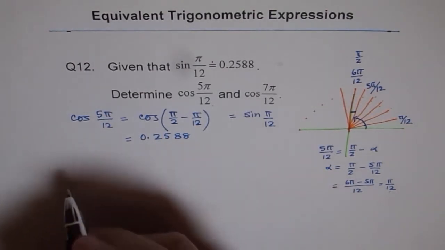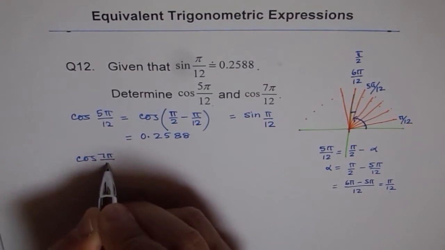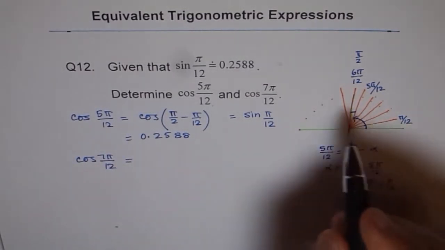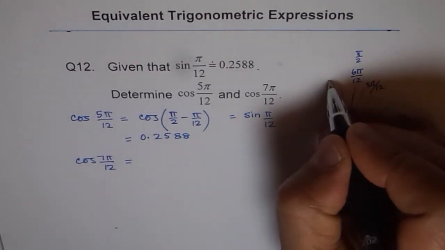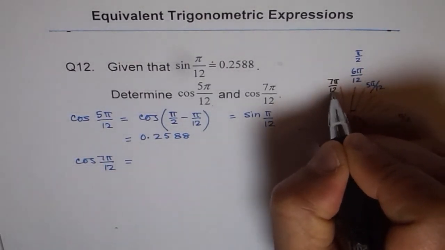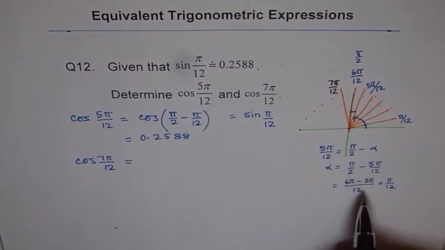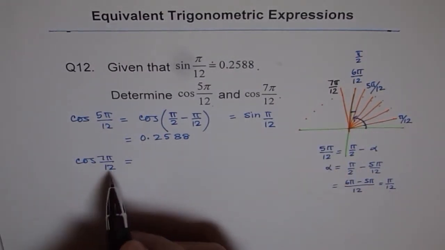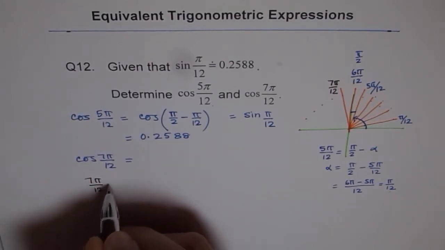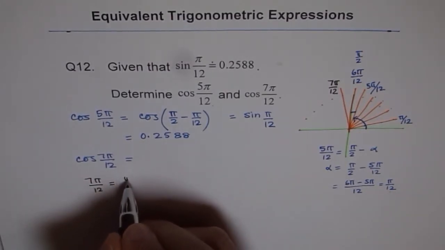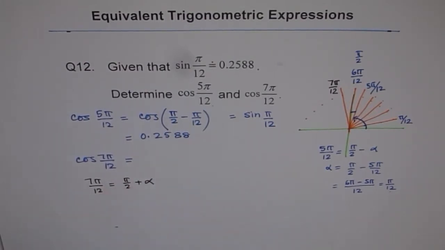Now let's do the next one, which is cos of 7 pi by 12. Now 7 happens to be here, so let me use a different ink and do 7 pi by 12. You can do your math like this, but the difference here is that you write 7 pi by 12 as pi by 2 plus some angle alpha.